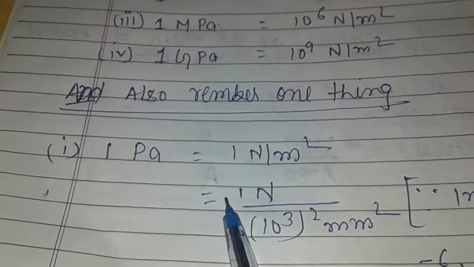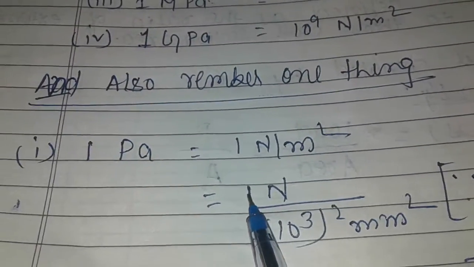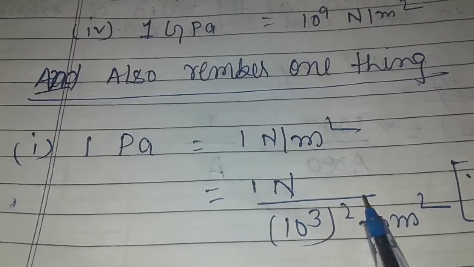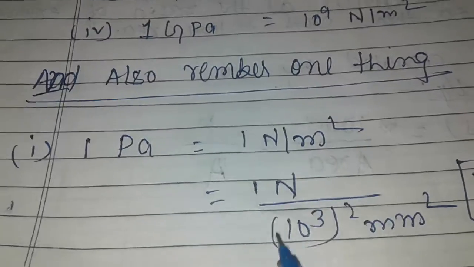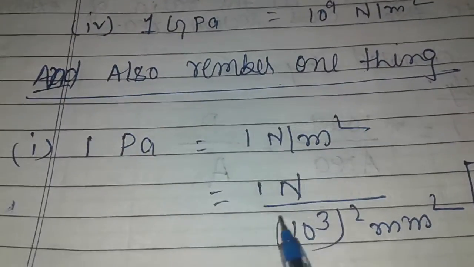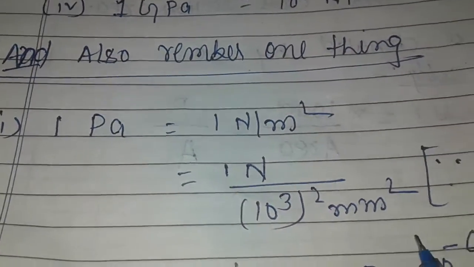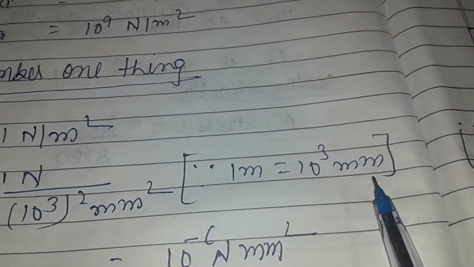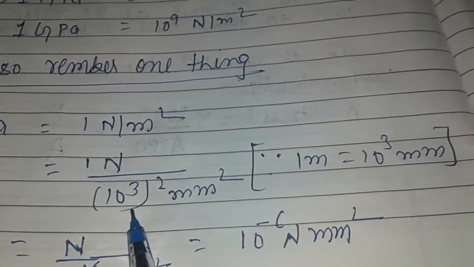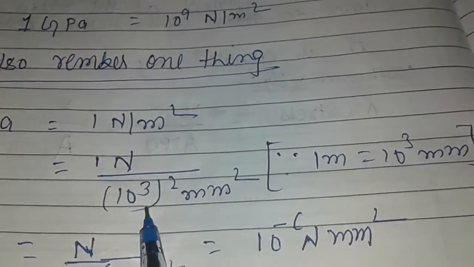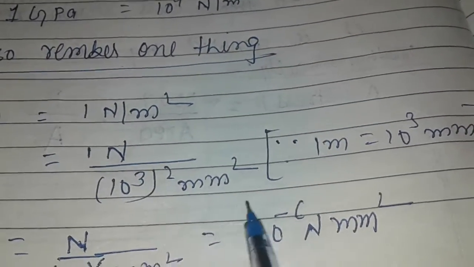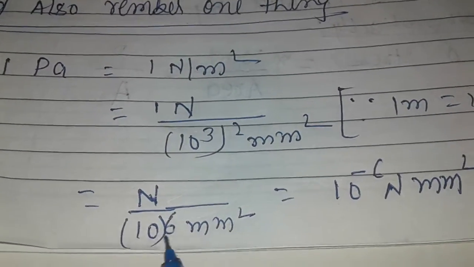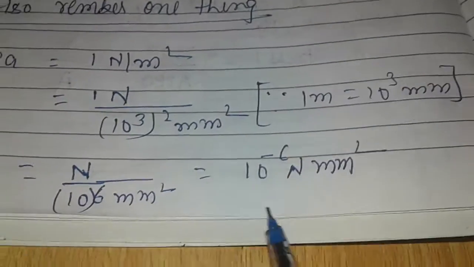Also remember that 1 Pascal is equal to 1 Newton per meter square. We know that 1 meter is equal to 10 to the power 3 mm, so 1 meter square is 10 to the power 3 whole square mm square, which is 10 to the power 6 mm square.